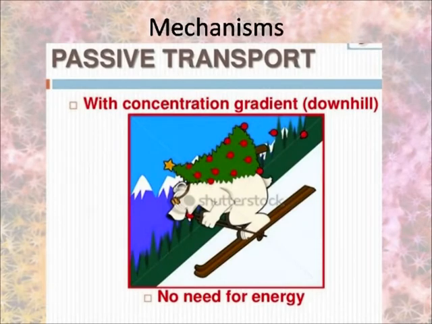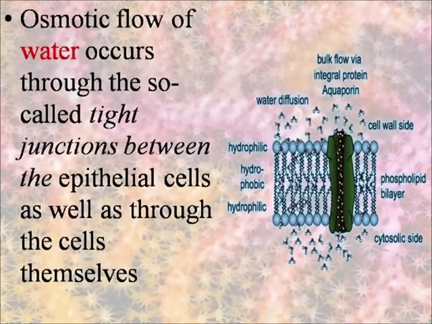Passive transport mechanism. Passive transport is transport of substances according to the concentration gradient, and there is no need for energy expenditure. Osmotic flow of water occurs through the so-called tight junctions between the epithelial cells as well as through the cells themselves.